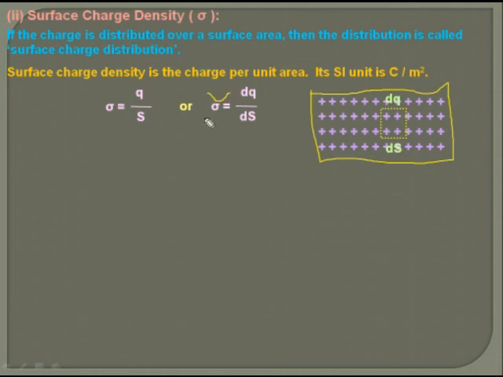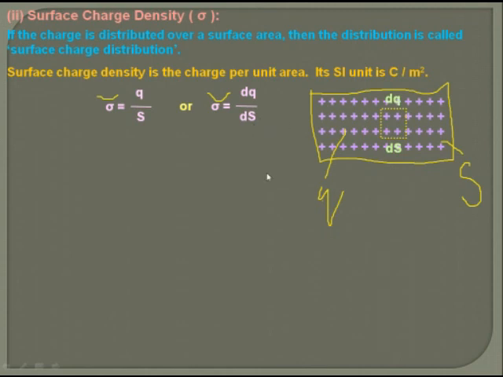If we consider that this sheet contains charge q and the area of the sheet is s, since we have considered that the charge is distributed uniformly, the ratio of q by s will give you the same result as given by dq by ds.